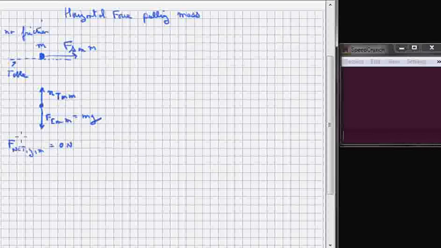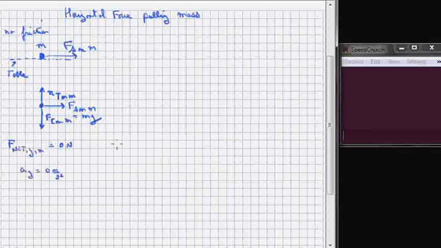Now in the y direction, we have no friction, and so we have one force and only one force in the x direction, which is going to be this F of s on m. So from the fact that the net force in the y direction is 0, we know that a y is equal to 0 meters per second per second.